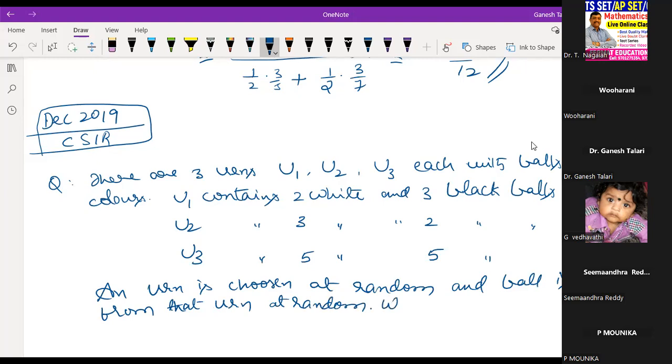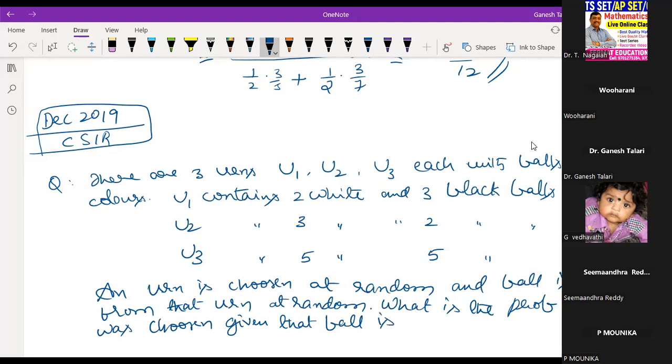So what is the probability that U2 was chosen, given that the ball is black?